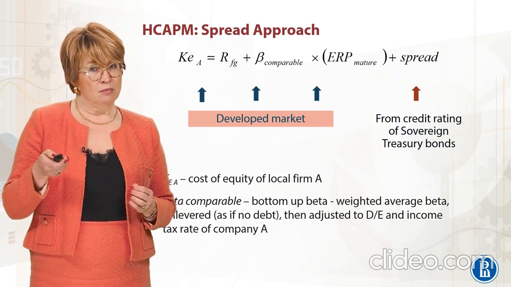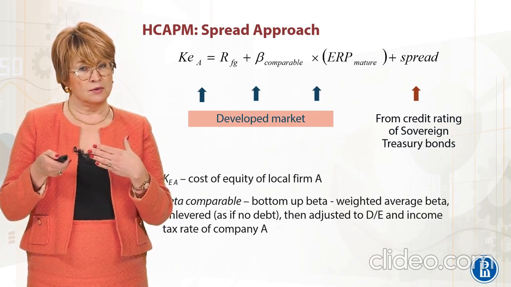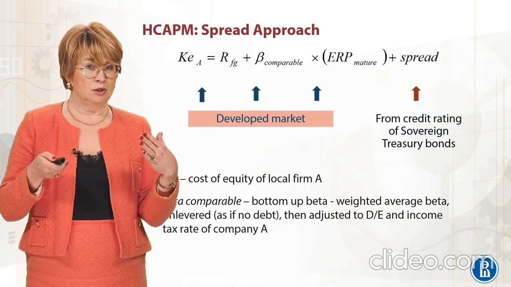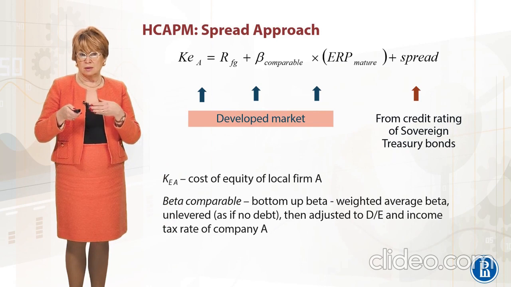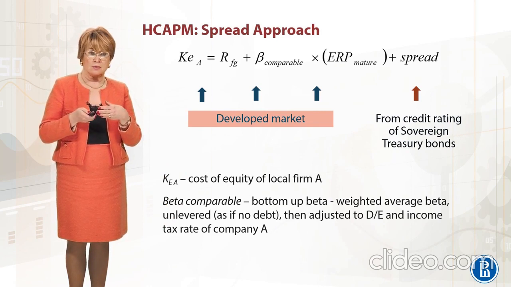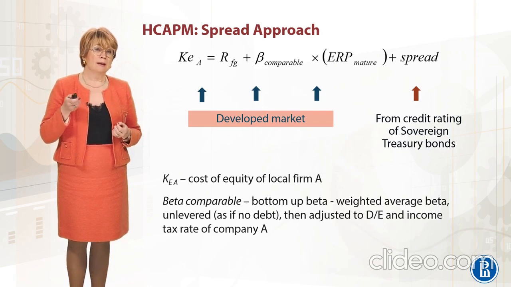The equity risk premium is the premium for the benchmark market. This is the difference between the market rate of return and the risk-free rate for the benchmark market. This is R with the symbols FG here in that equation.